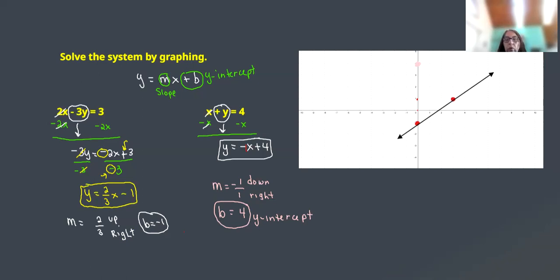Now what are you going to do? What do you think you're going to do from there? We're going to go down 1. We're going to look at the slope. The slope is -1, so we're going to go down 1 and right 1. And there is our point. Now we have to graph that.